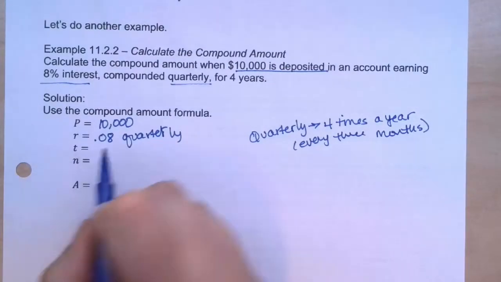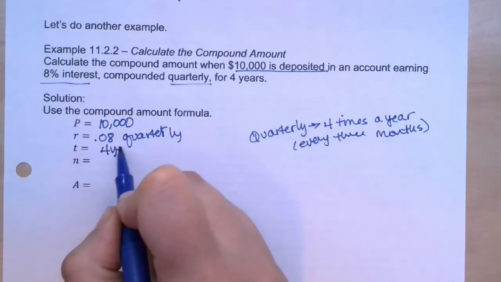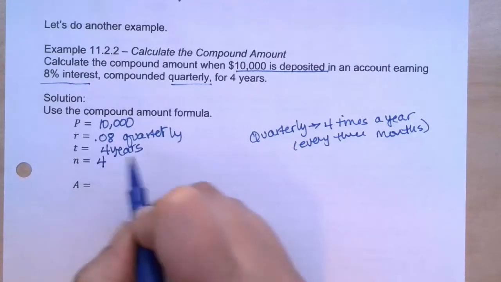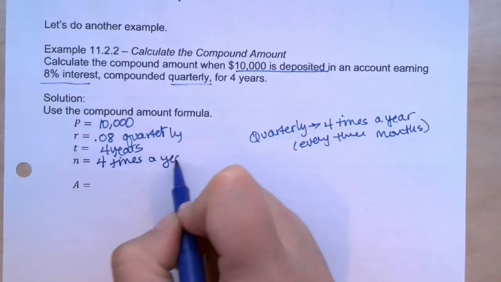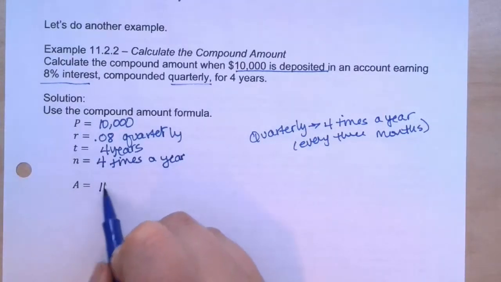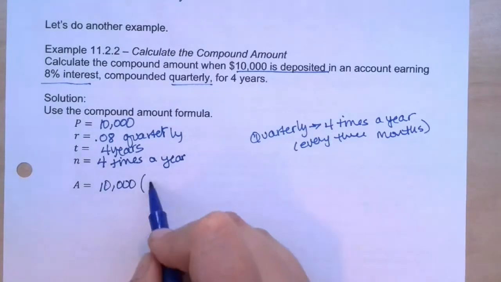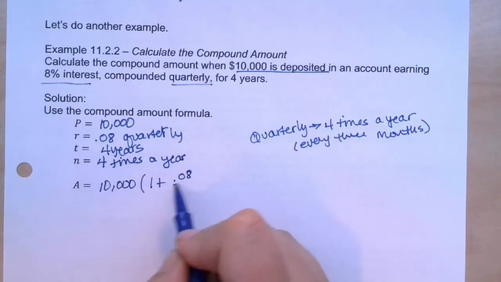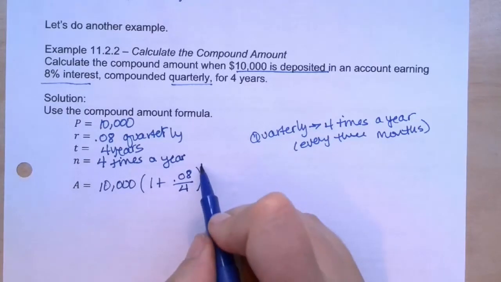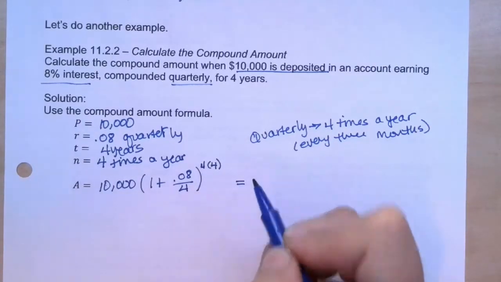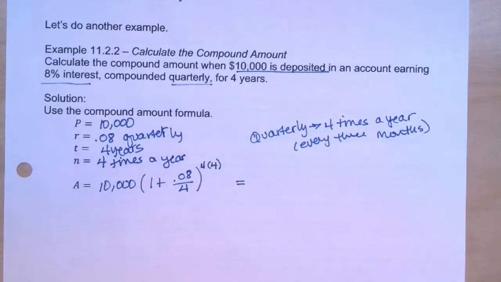Okay, T is 4 years, and our N is 4 times a year. So plugging this in, we get 10,000 times 1 plus 0.08 over N, which was 4, to the 4 times 4. So our exponent here is really 16.